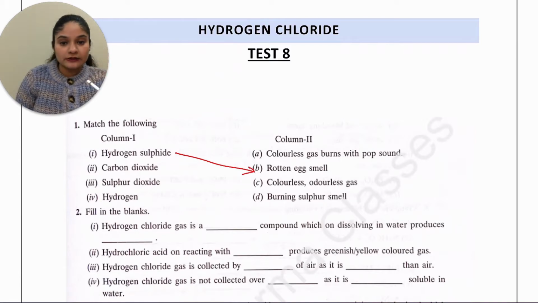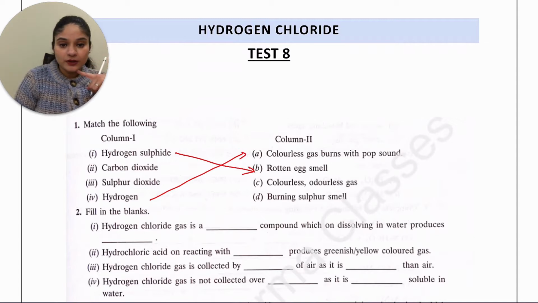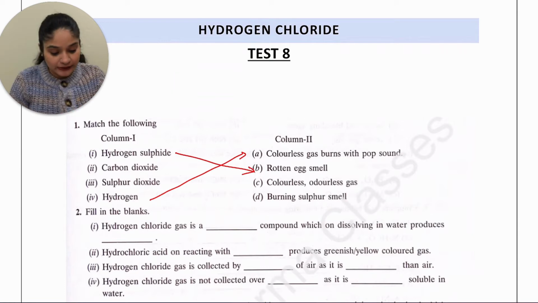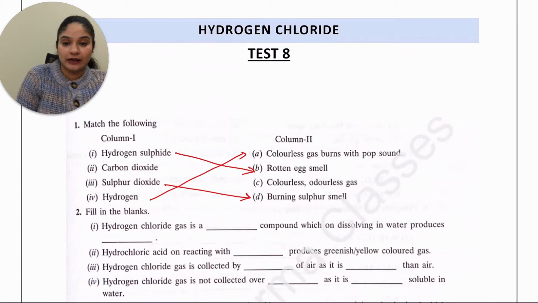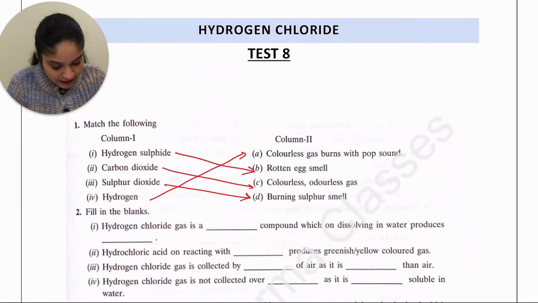Colorless gas that burns with a pop sound is hydrogen. Burning sulfur smell is sulfur dioxide, which always has a burning sulfur smell. What are we left with? Carbon dioxide, which is a colorless, odorless gas.